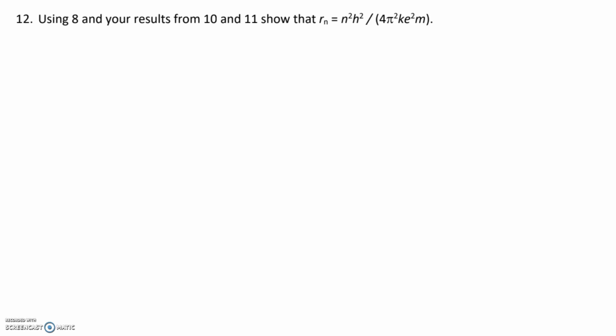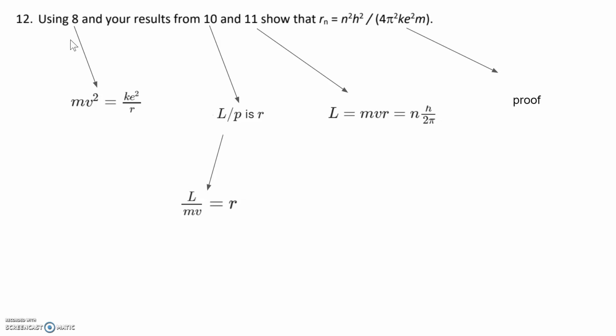Using 8 and your results from 10 and 11, show that r equals n squared h squared over 4 pi squared k squared m. Let's find out the given values here. From question 8, we know this equation. From 10, this is the equation we reached, and from 11, here's the equation.